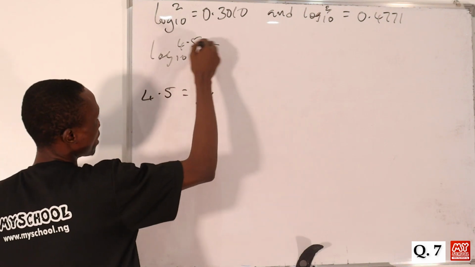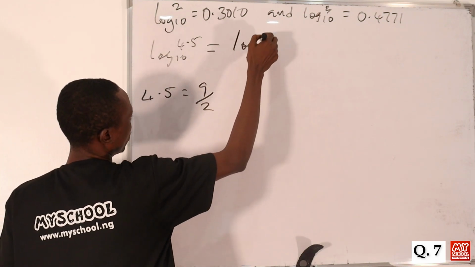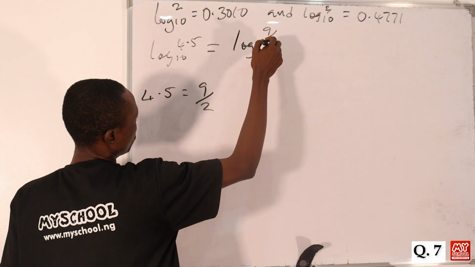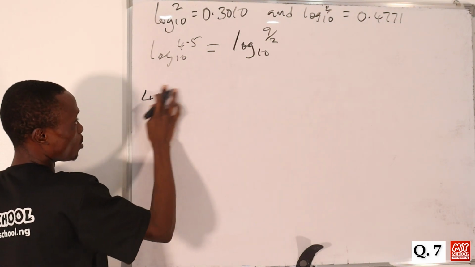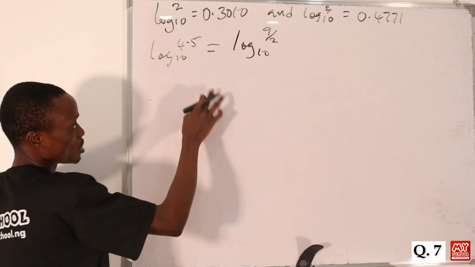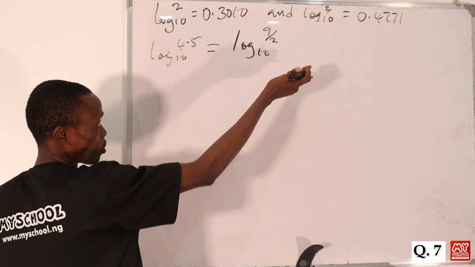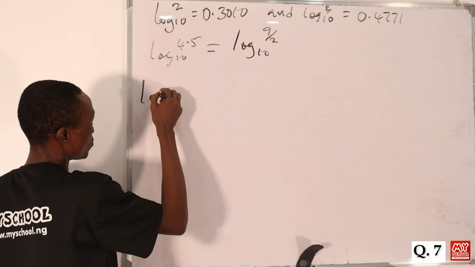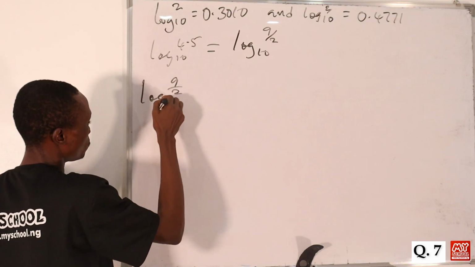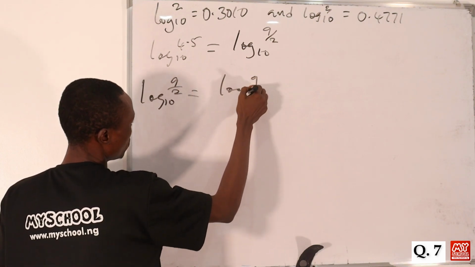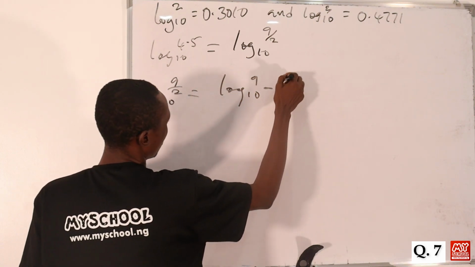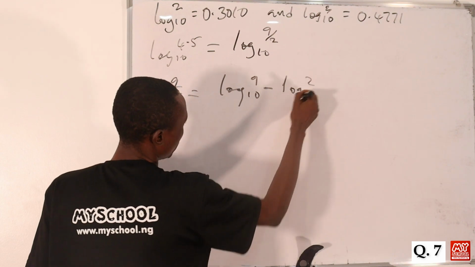Okay, so we'll rewrite this to be equals to log 9 over 2 base 10. Here we are going to apply the laws of logarithm, so we are going to be applying the division law. According to the law of logarithm, log 9 over 2 base 10 is the same as log 9 base 10 minus log 2 base 10.